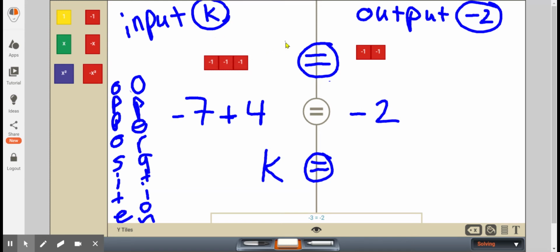Okay. Oh, I think I had clicked over. There was extra on top of that. And so this is -3 is equal to -2. That is not true. We have too many negatives on the left side for this to be equal. So this was not a solution. Okay. So we're going to take this back out and put -6 back in there.